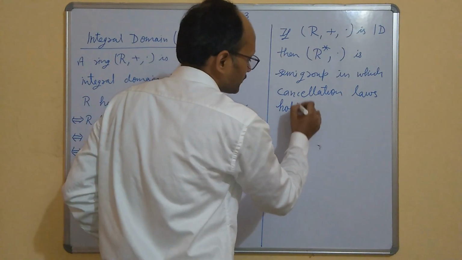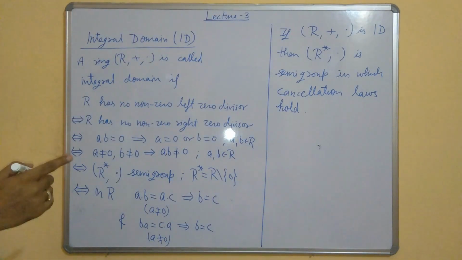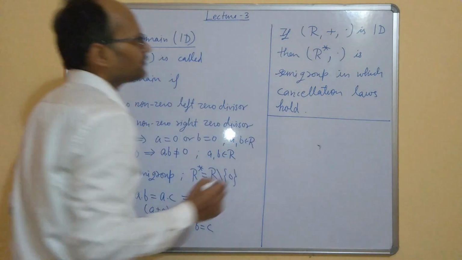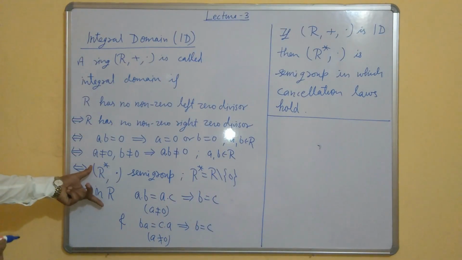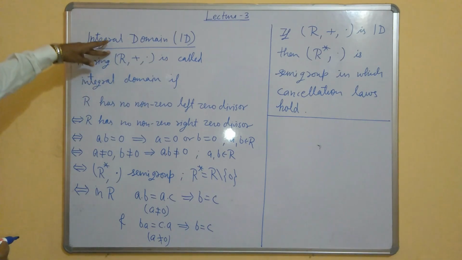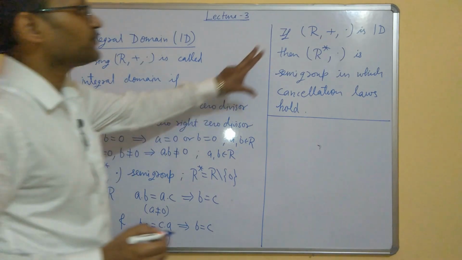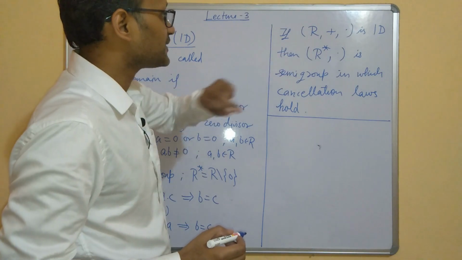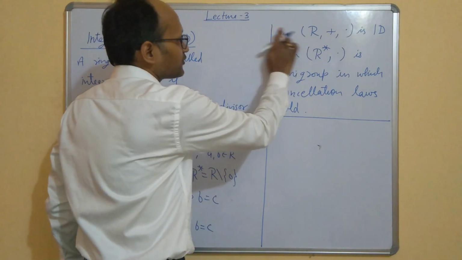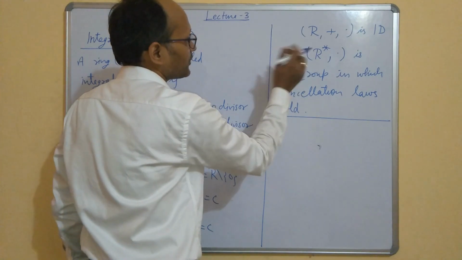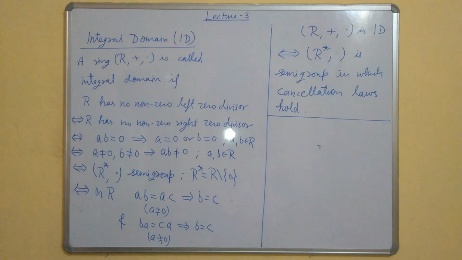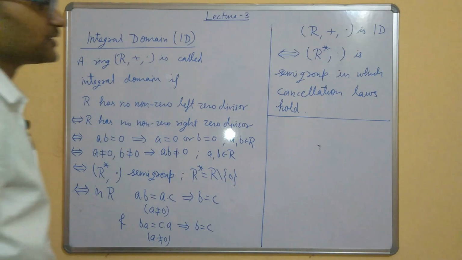These two laws hold. So actually it is an if and only if condition. Why? Because if R plus dot is an integral domain, then these two will happen, and if these two will happen, then R plus dot will become an integral domain. So R plus dot is integral domain if and only if R star dot is a semi-group in which cancellation laws hold.